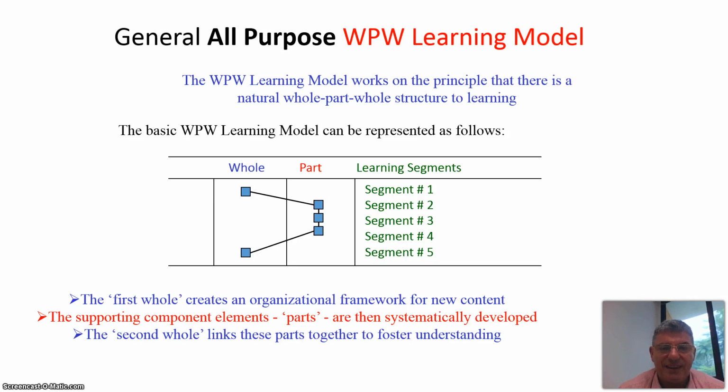So the idea is we then start to look at the parts, and those parts should be in the best logical order for learning. So the first O creates that framework. Then as we do the parts, it connects knowledge together in manageable chunks. And hopefully, if we do it well, at the end, the O starts to take a nice shape in our minds and we understand what the topic's about.